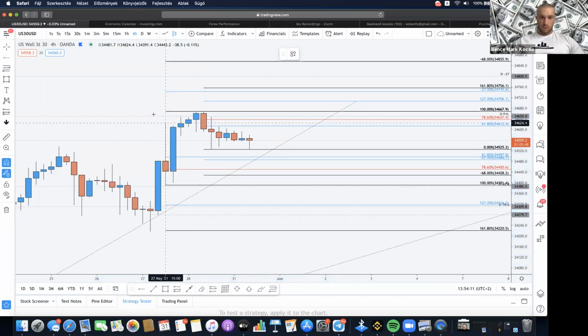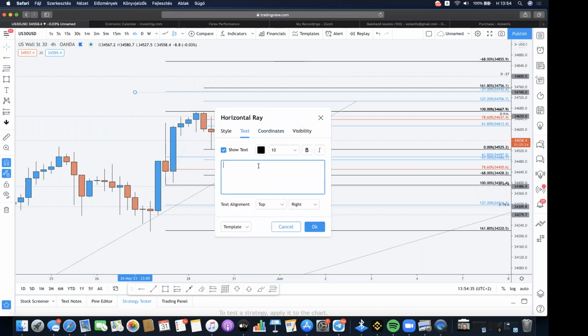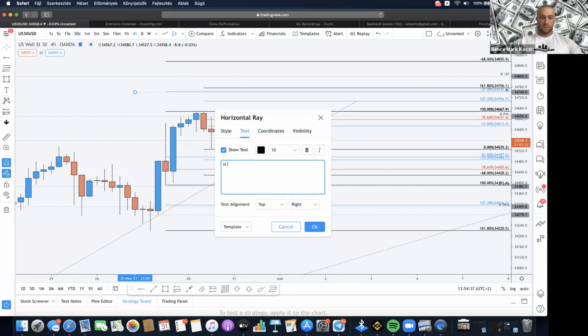We can use as target the previous high, and then the minus 27 on the H4. Let's use just 700. So actually it's 35, then 740. And this is the H4 minus 27.